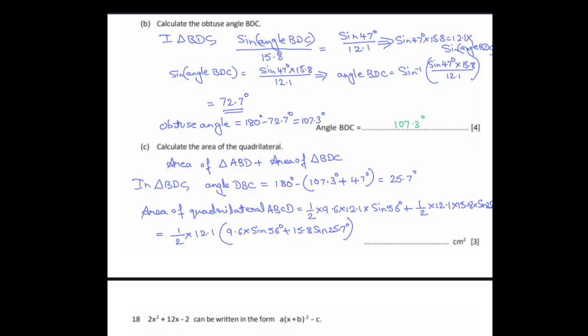Half into 15.8 into sine 25.7, 89.603 is the area.